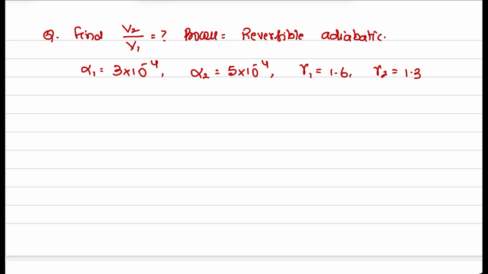The symbols alpha, gamma, V, where and how they are used, by this time you should be familiar. Be familiar from the basics of thermodynamics. These are slightly advanced thermodynamics problem solving lectures. Let's not go to the very basic level in understanding these questions.